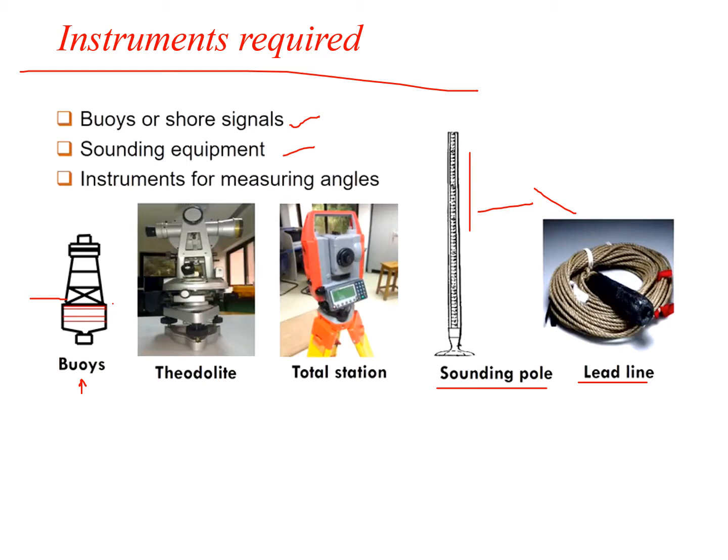What instruments and techniques are used for deep water, we are also going to see. For measuring angles, the theodolite and the total station can both be used. Mostly, the instruments we have just seen are used for the traversing or triangulation method.